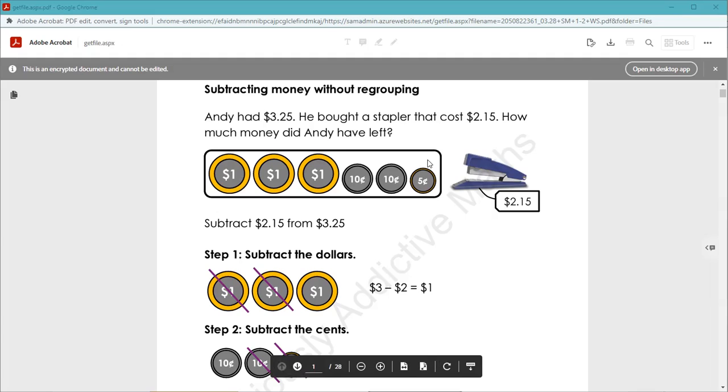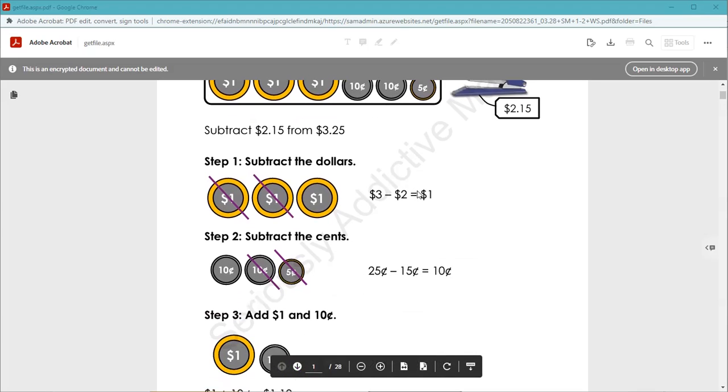So it's really fine; it depends on how used to a method they are, and we leave it to them. The first method you can see here is if you are to minus $2.15 from $3.25. This way is to first subtract the dollars, and then subtract the cents.